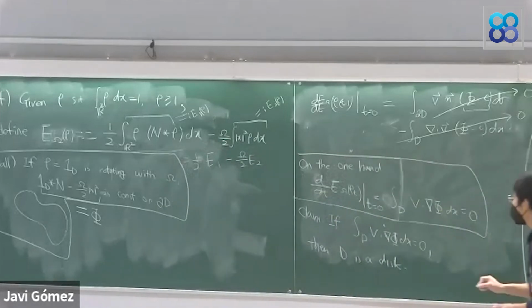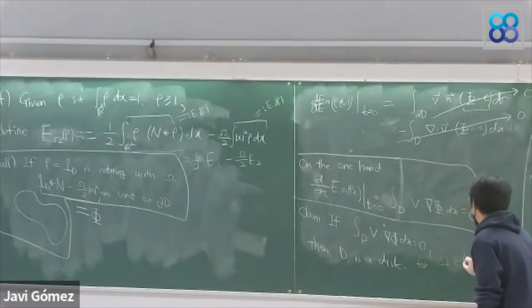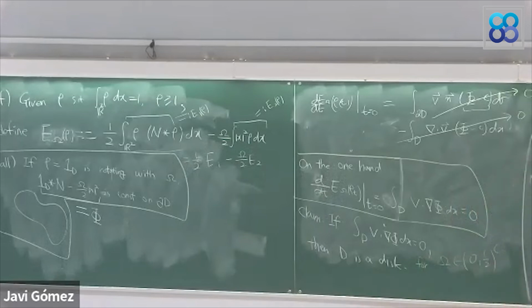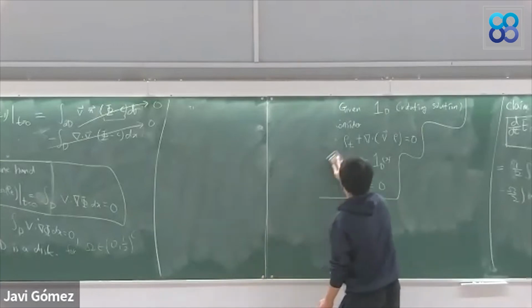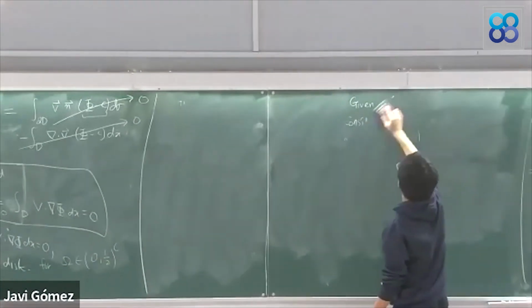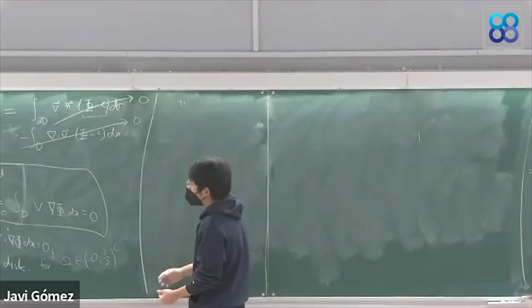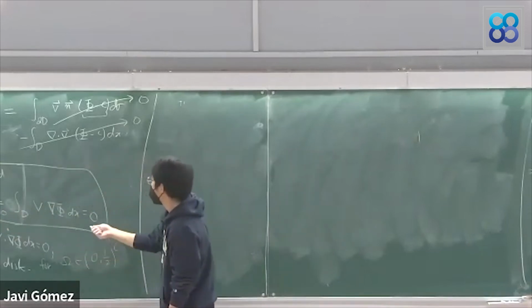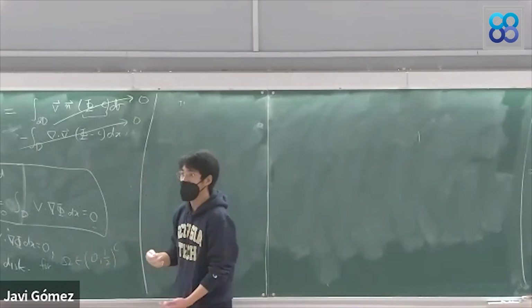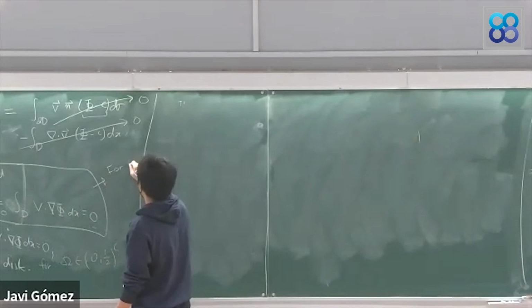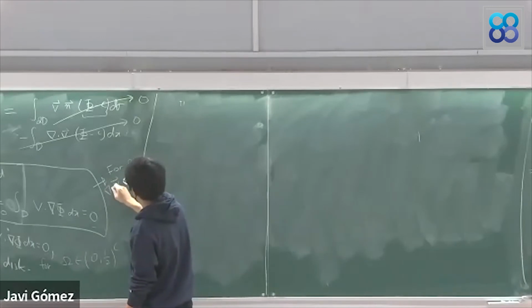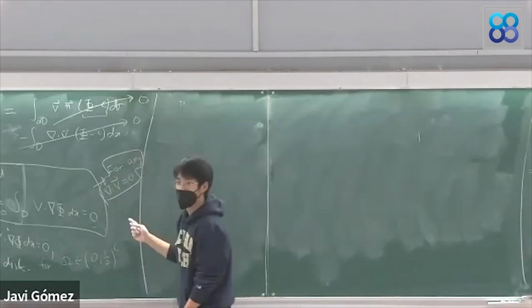Of course, for omega in this region. But here we have that this first variation vanishes for any vector field V that is divergence free, right?